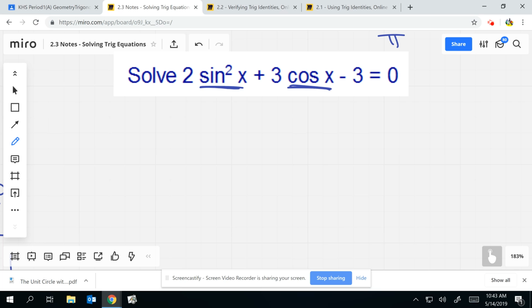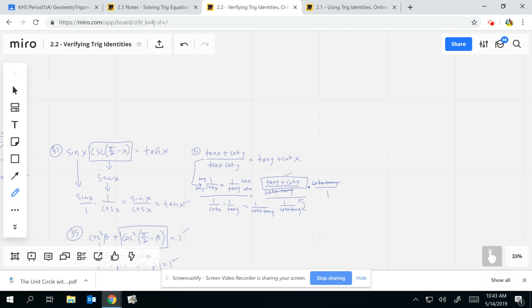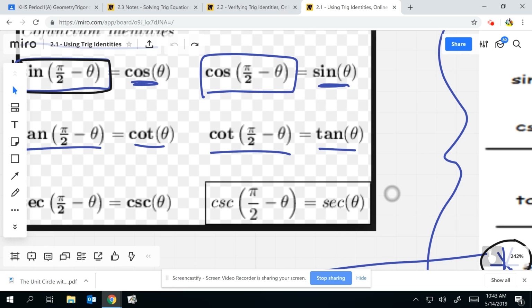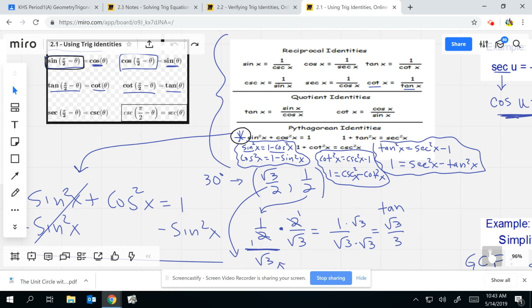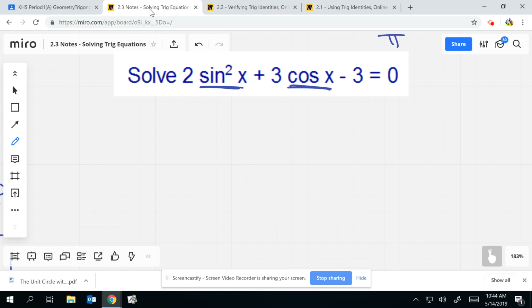And hopefully you know in your identities by now that your most famous identity, sine squared plus cosine squared equals 1, means your sine squared is 1 minus cosine squared. So you could take out sine squared and put in 1 minus cosine squared in its place. That's what we want to do here so that we can keep our cosines on all of them. So you're going to bring down 1 minus cosine squared.